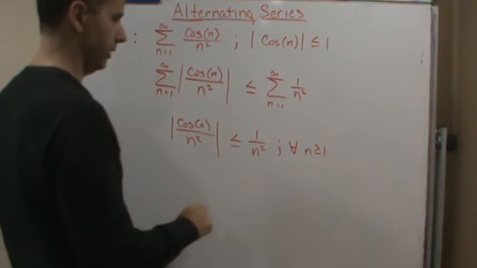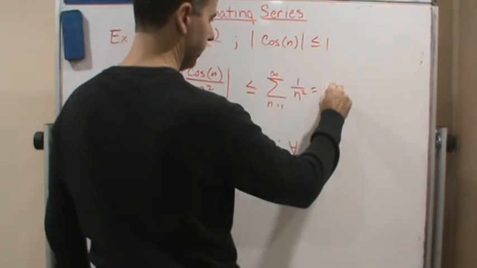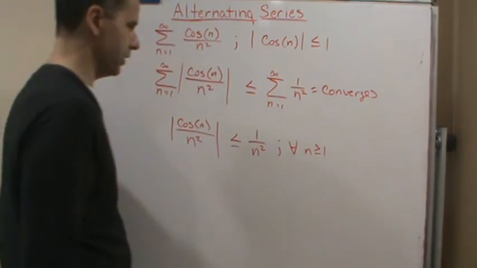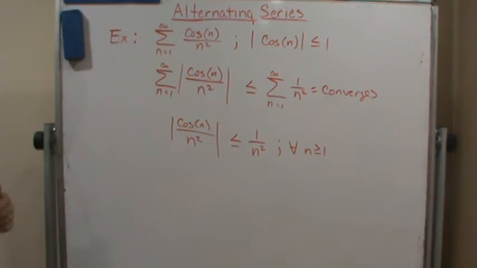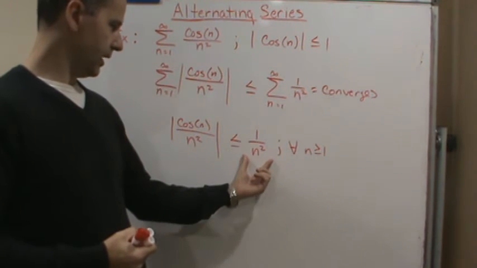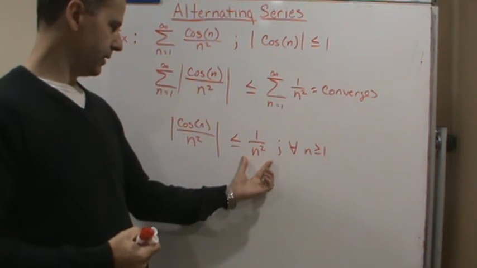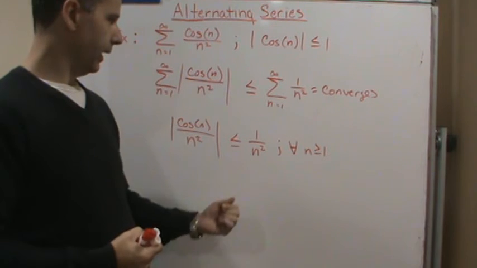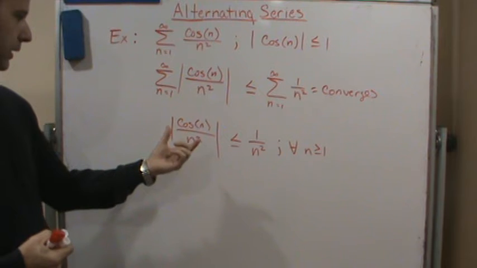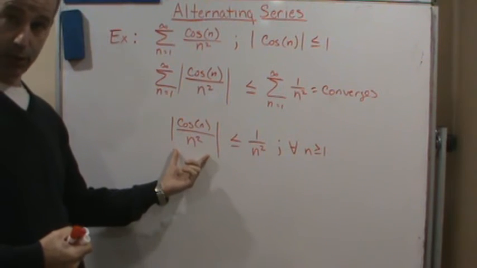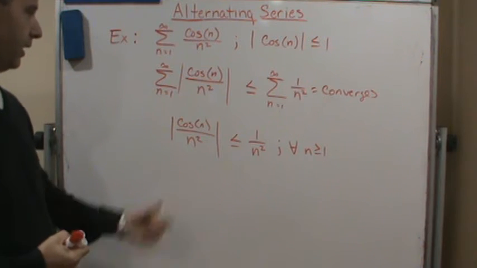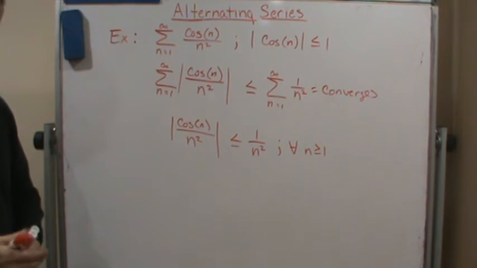And we know that this converges. So since this nth term is always less than or equal to this nth term, and the fact that this converges leads us to believe that the sequence of partial sums here converges, and of course by the comparison test, this also converges.